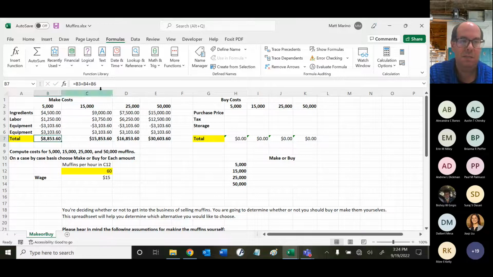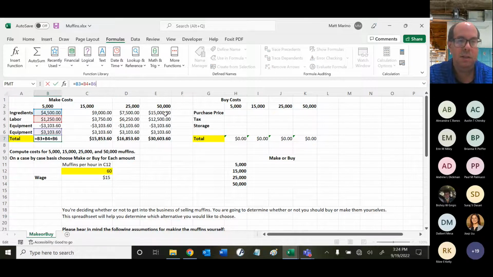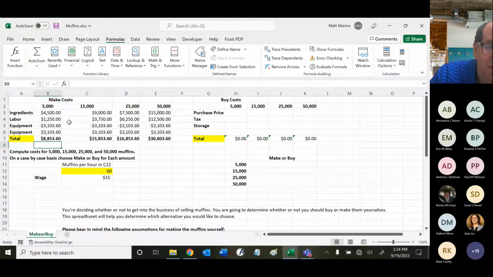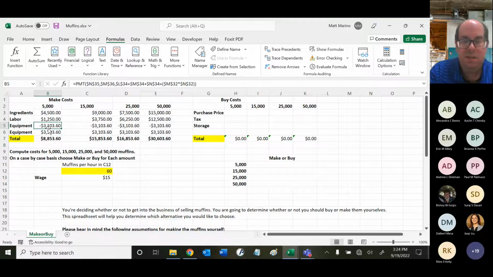And then instead of B3 plus B4, you would make this total B3 plus B4 plus B5. So I just kind of did both to show you that, hey, this is a negative number. It's going to screw up your total unless you make it positive. Make sense?